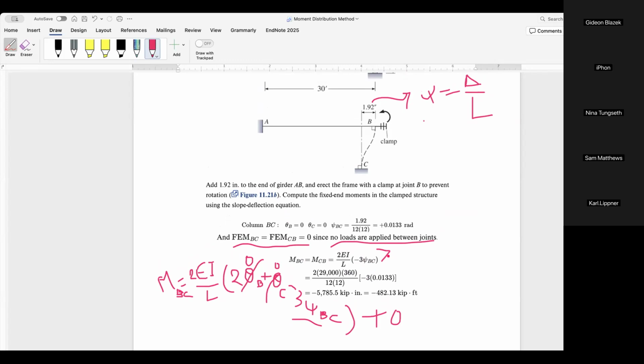If you are capable enough to write this equation, you can do that, or you can just write it one time and you will be able to understand, then write MBC equal to MCB. So you get the moment. Okay, we are going to take that moment for distribution factor.